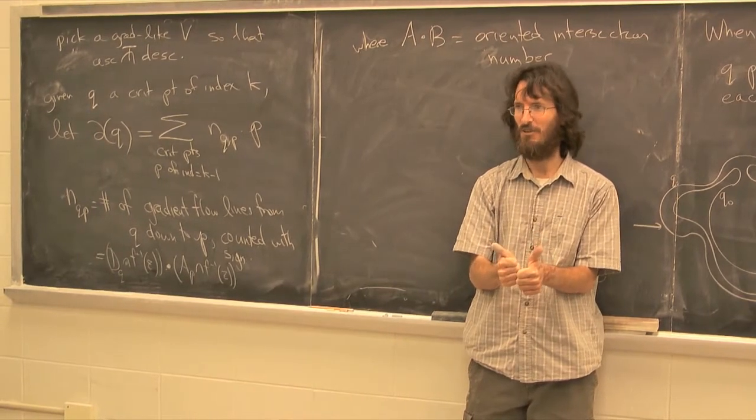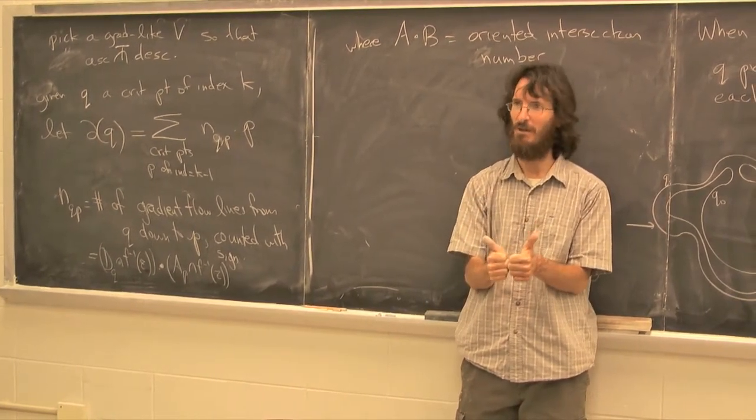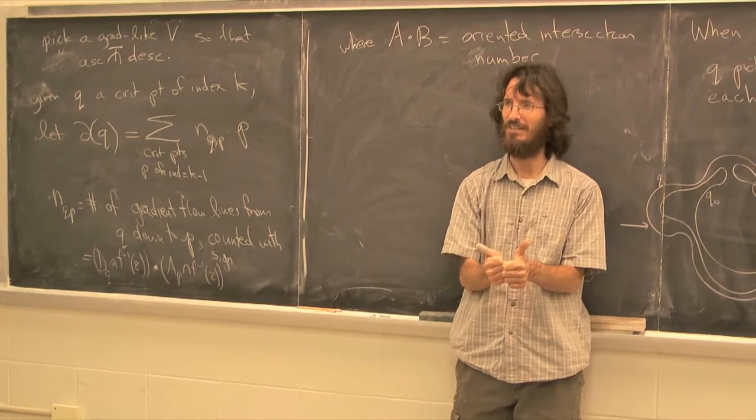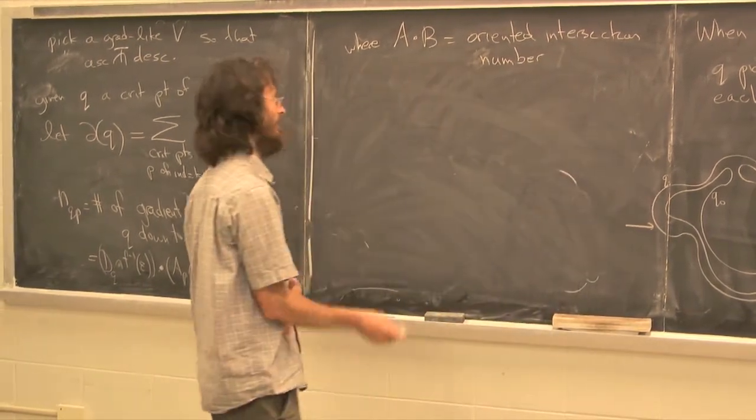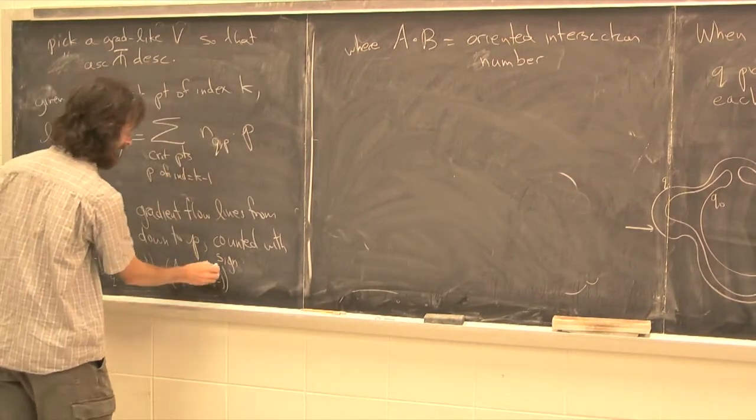If they agree, you call it plus. If they disagree, you call it minus. And you should write that down for me. And so that's the oriented intersection number, and that's what I mean by counting with sign.